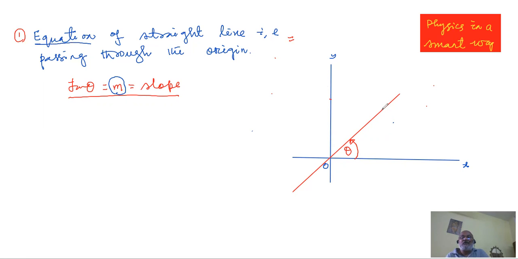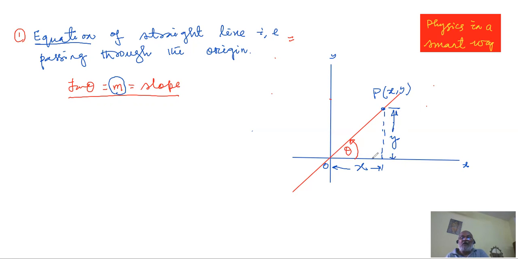So if you consider a particular point on the line, the point must have its x and y coordinate. If somebody asks you to present those coordinates so that we can visualize them, this is x and that is y. That is the straight line.